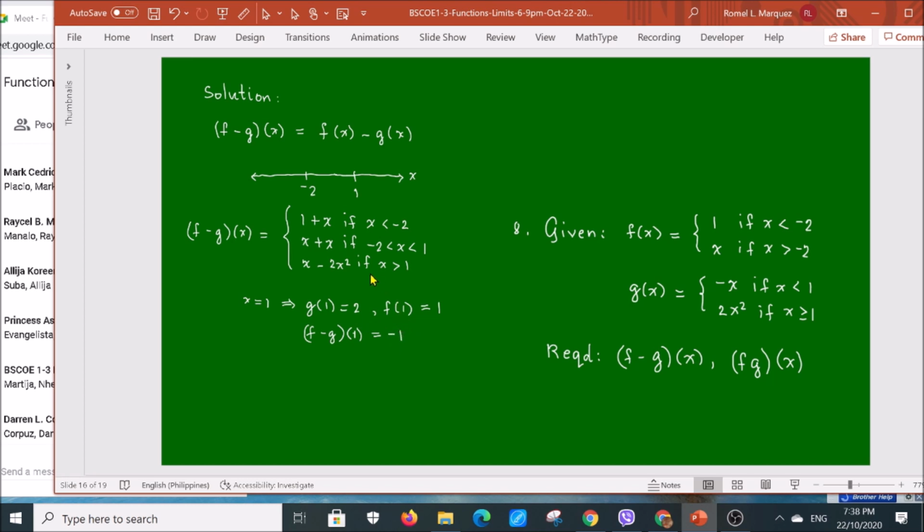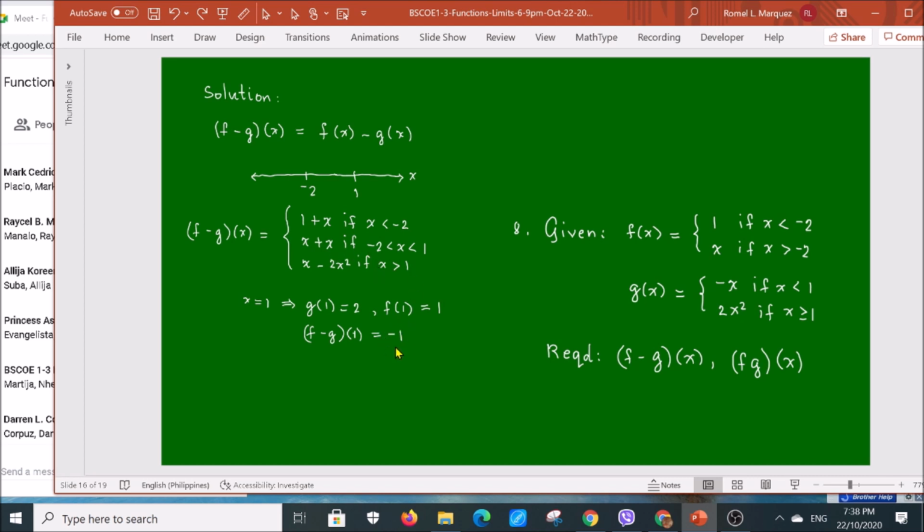So where is negative 1 here? Let's check which one will give negative 1. Plus 1 plus 1, that is negative 1 plus negative 1, negative 2. So definitely not here. What about here? 1 minus 2 times negative 1, minus, what is the value of x? 1, so 1 plus 1, that is 2.